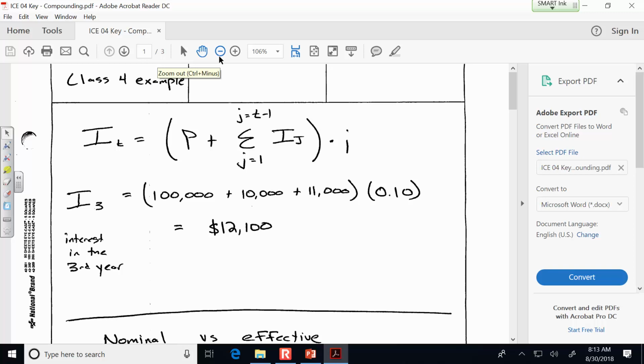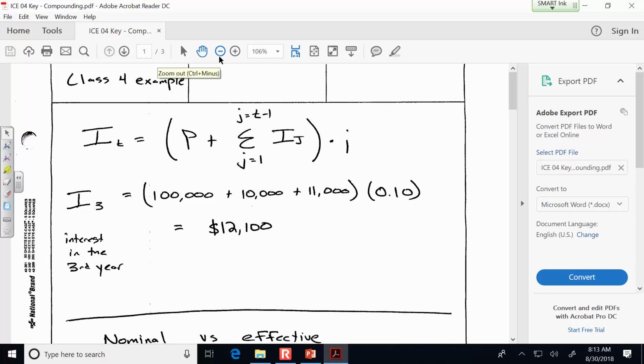Okay, so the principal was $100,000 plus the summation of all the previous years' interest. In the third year, remember, the first year's interest was $10,000. And then the second year's interest from the example we just saw was $11,000.